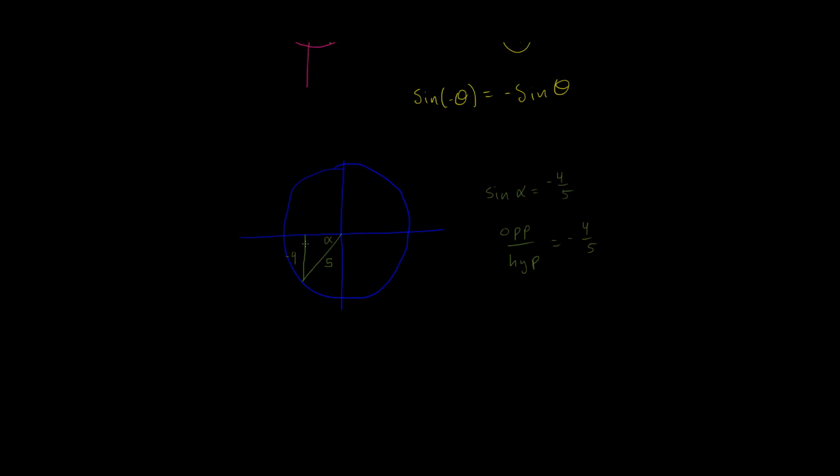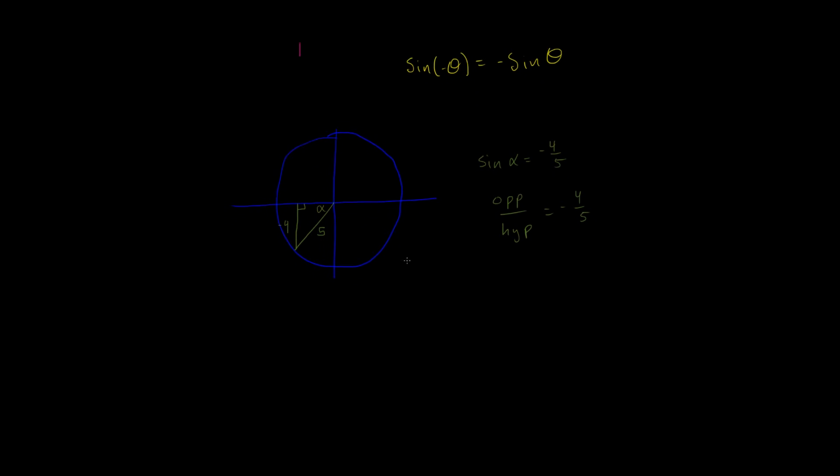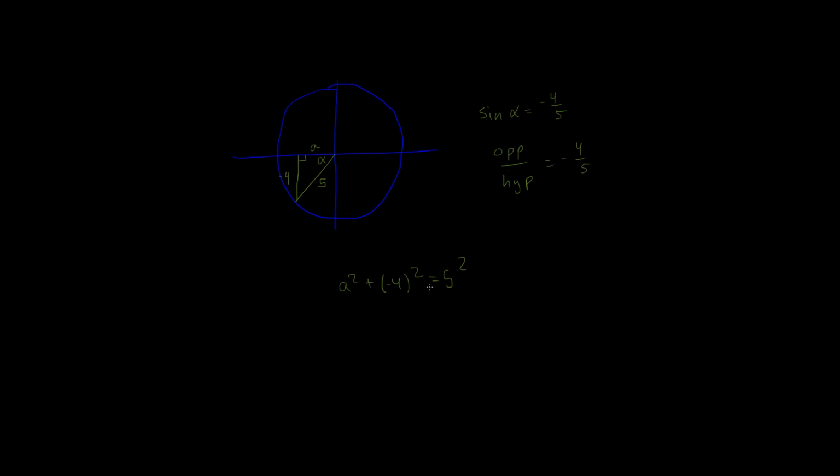Then I can solve for my adjacent side, right? Because this is just a right triangle. So we can utilize the Pythagorean Theorem. I can say adjacent, which I'll call a. So a squared plus negative 4 squared equals 5 squared. And this actually just becomes a 3, 4, 5 triangle.